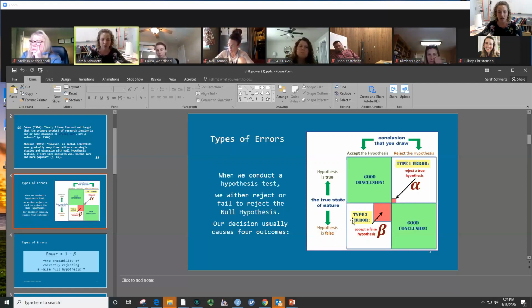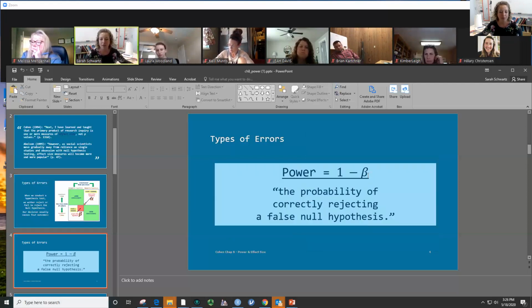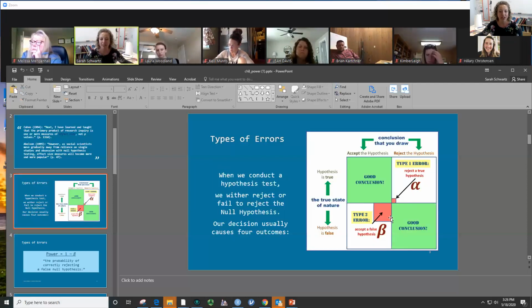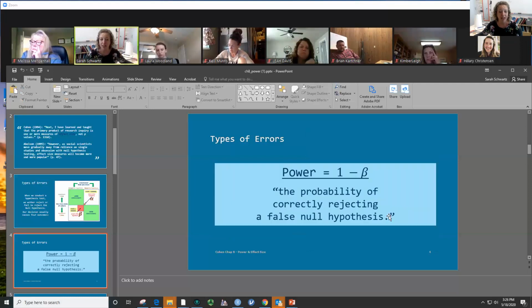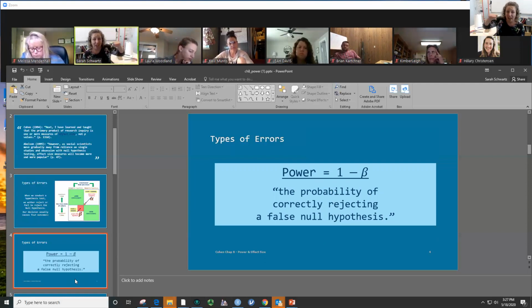But in general, power is 1 minus beta. So beta is the type 2 error rate, and so power is 1 minus it. 1 minus because 100%. We're talking not in percents here, but in proportions, so decimal numbers. So just like we set alpha to be 0.05 in most cases, because that's usually small enough, a 1 minus beta of 80% is the most common power line.